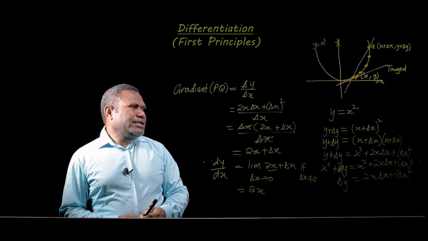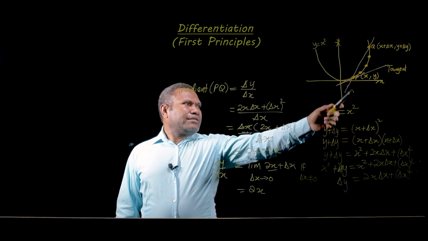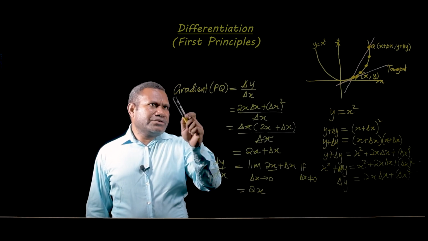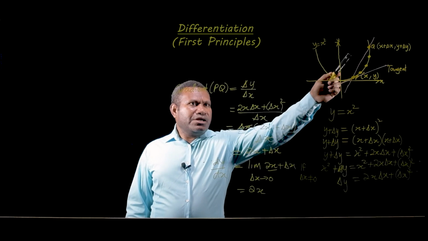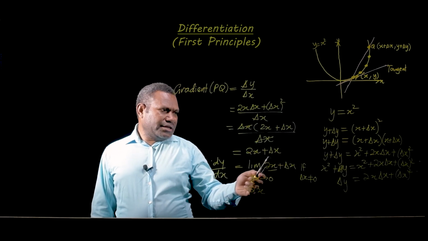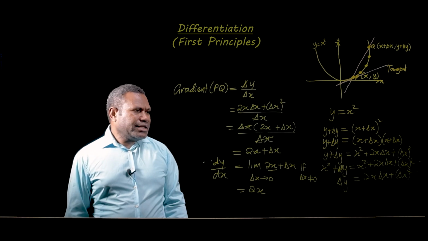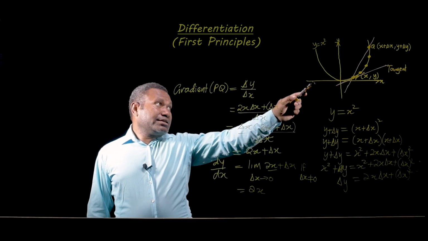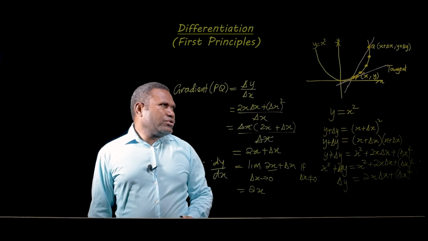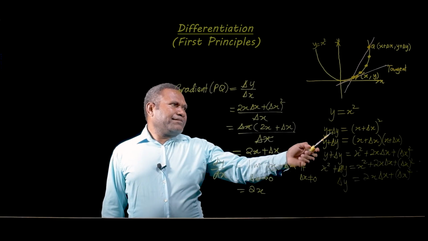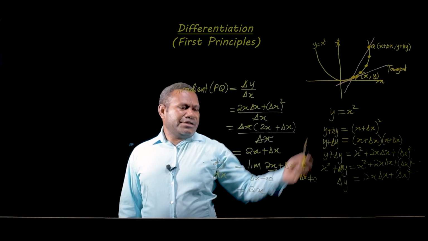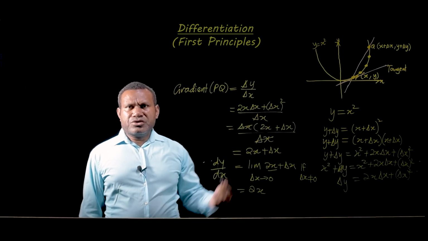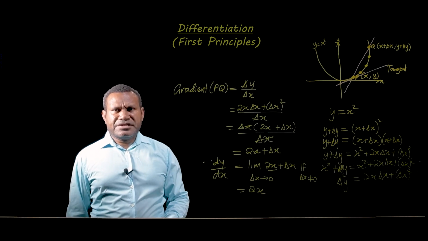We defined this point Q, used this process to find the gradient of the secant PQ, and then took the limit. So the gradient of this function at this point P is given by 2x. This is the whole process of differentiation using the first principles method.